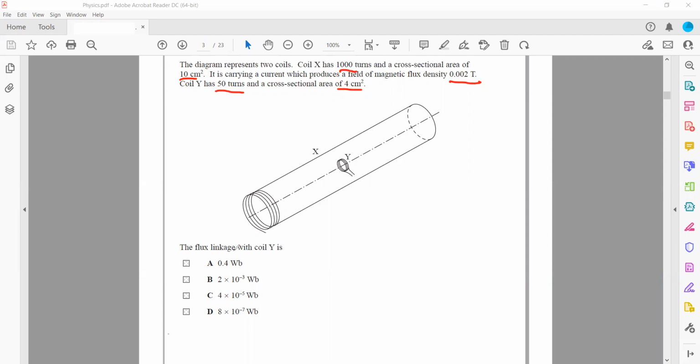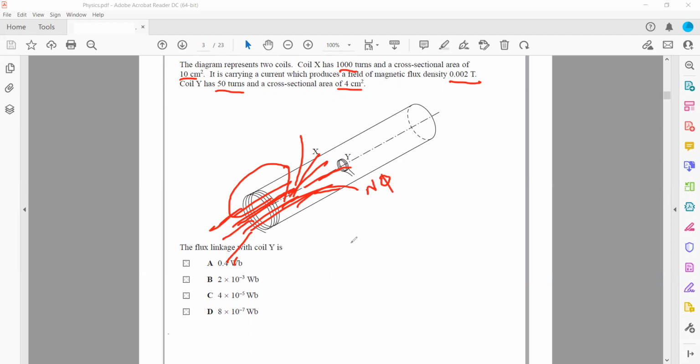We have to find the flux linkage. When there is a current in coil X, that current produces a magnetic field, and the field lines of X are passing through Y as well.